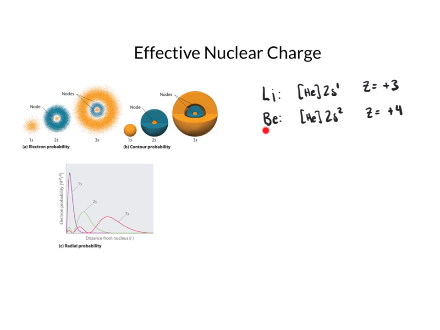Or if we think about beryllium, which has a 4 plus charge on the nucleus with an atomic number of 4, also having 2 electrons in a 1s orbital, but now having 2 electrons in the 2s orbital, we can start to think a little bit about how strongly these valence electrons are attracted to the positive charge in the nucleus. So to do that, we're going to look at these electron density plots.